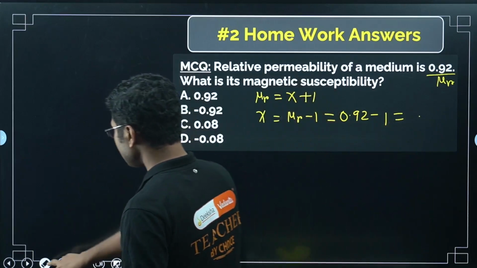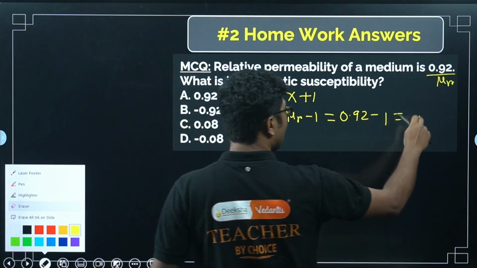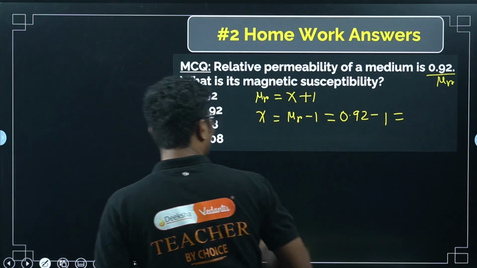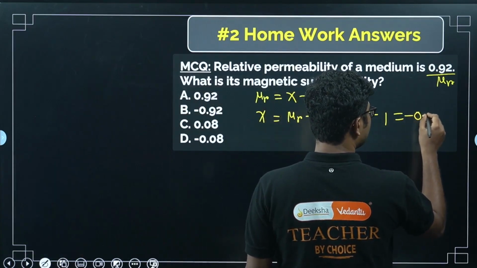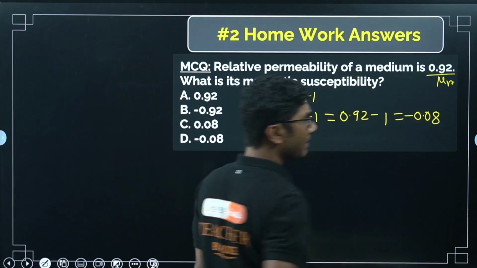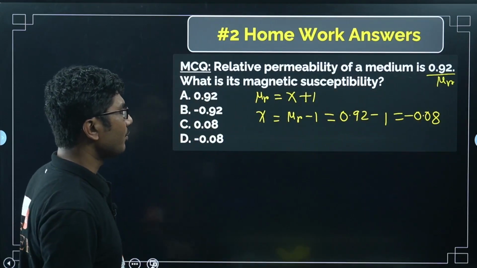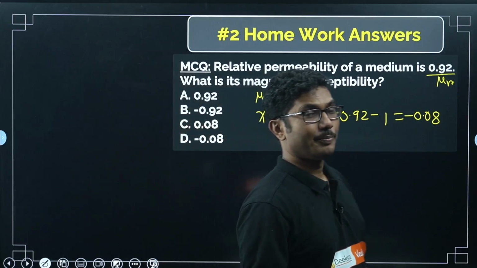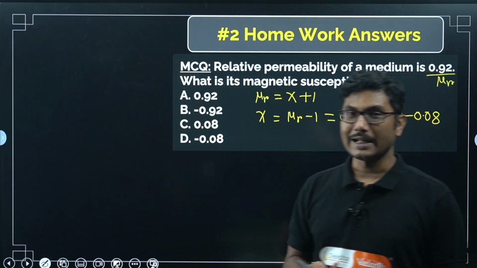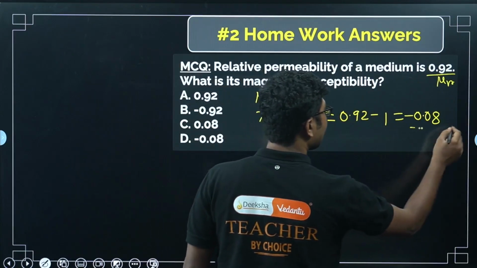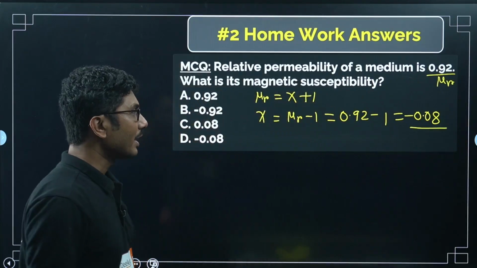Now this question can be changed; they may ask you what is the type of this material. Is it diamagnetic, paramagnetic, ferromagnetic, or none of these? They are not asking you directly, but they are asking an indirect question. First of all, you have to calculate chi, and chi is negative.